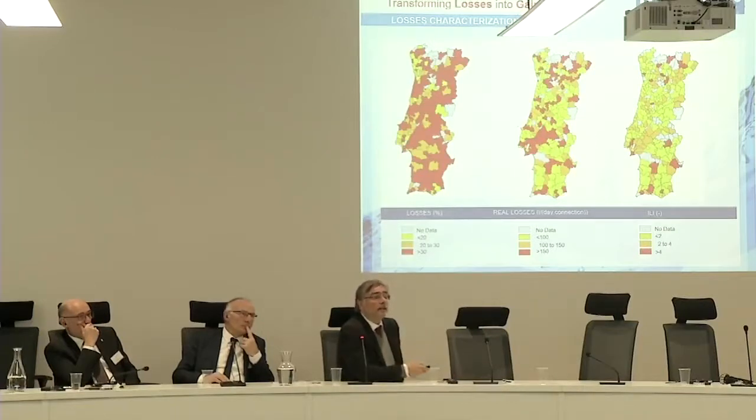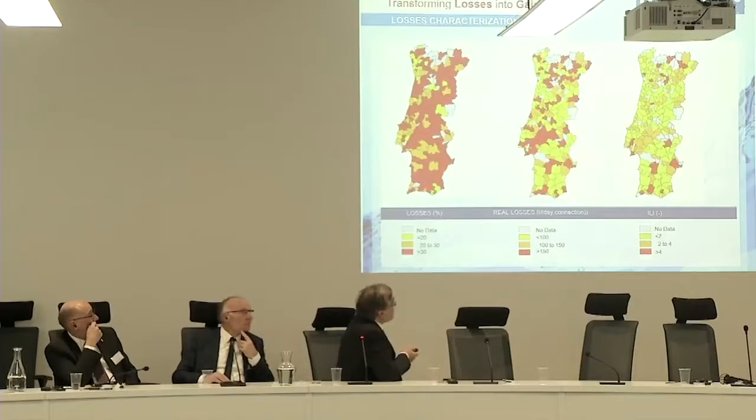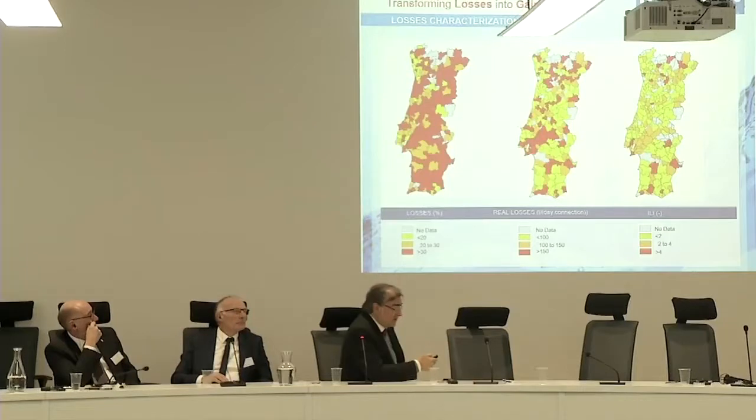And the ELI, the infrastructure leakage index, is the index that you can see in Portugal. In the places that we think are very good, like this one here, it's not the same. You can't reach the same conclusion. It's different if you use another index.